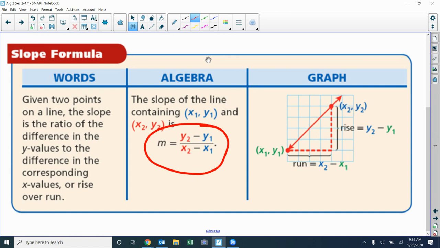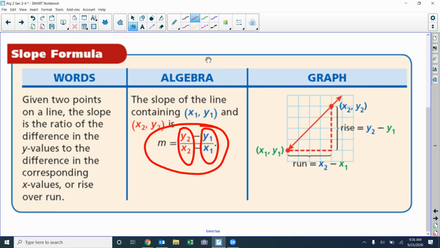Every year students ask, which one do I need to put first? It doesn't matter. If I have 2 points, it doesn't matter which one I put first, as long as they match up. Does that make sense? So the y and the x just need to be the pair together. You can do it either way. There's no certain way to put one ahead of the other. You will get the same answer.